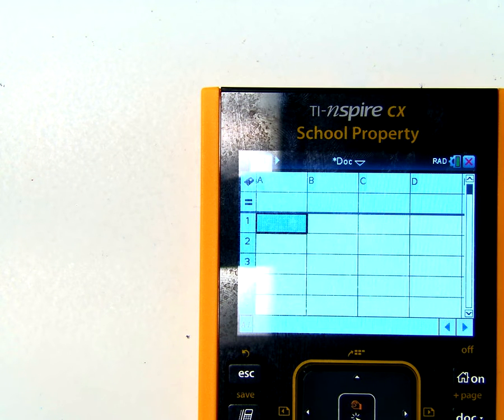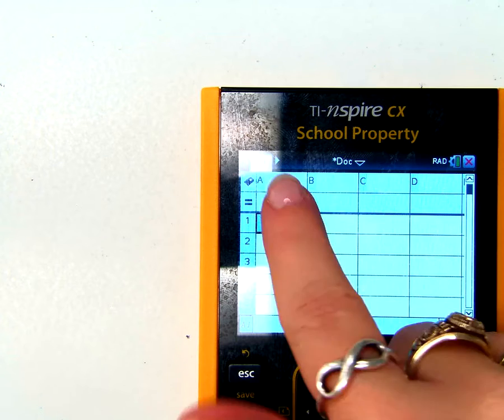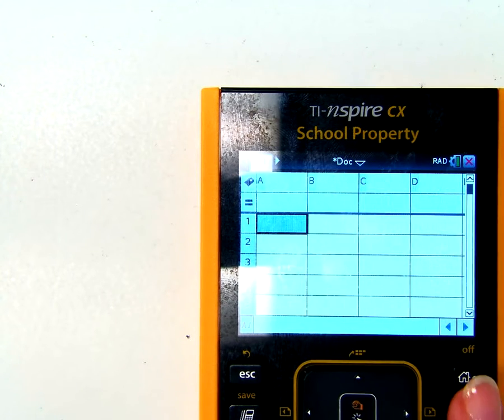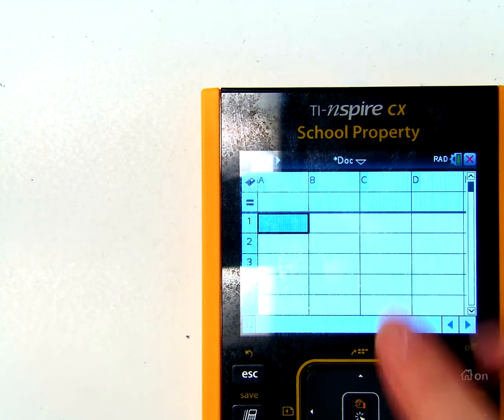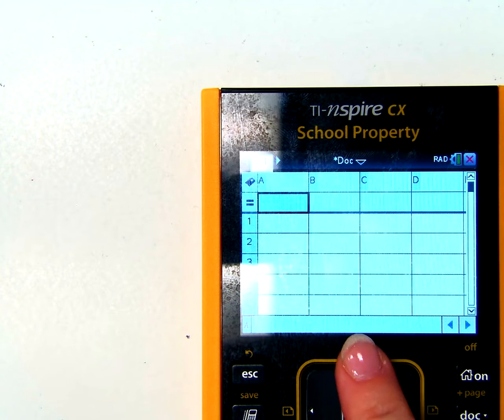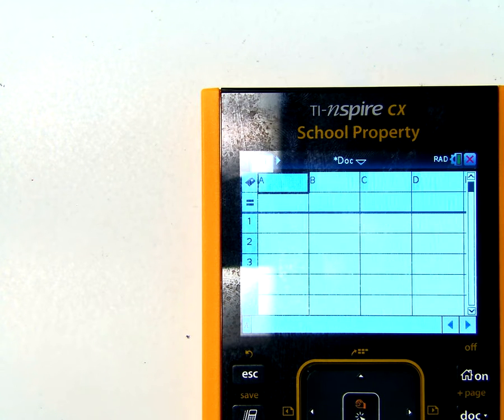Which one of those two would be the independent variable? Which one would be the dependent variable? Which one's going to be X and which one's going to be Y? The number of Mentos are independent. It depends on how high it is, depends on how many Mentos we have. So what are we going to put up here?